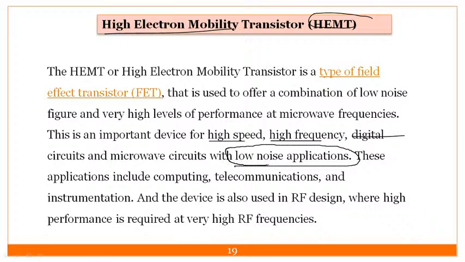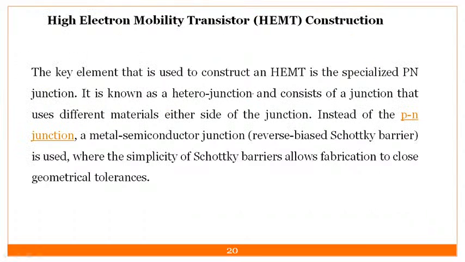For example, if I want to design a microwave device of some gigahertz, we can't use normal transistors. We have to use devices made up of materials we will see in the next slide. The major change from the PN junction diode is that the HEMT has a heterojunction. What exactly is meant by heterojunction?